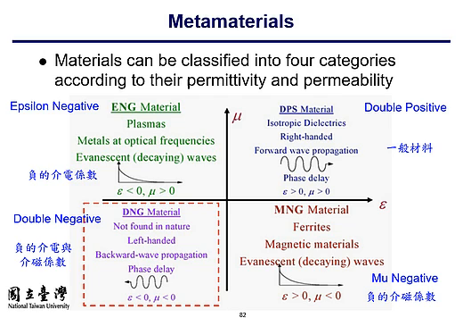And based on this definition, you can find other definitions such as ENG, epsilon negative material, magnetic negative material, and double negative material, usually the so-called left-hand material. Well, this one is the ferrite. An example of this one is plasma.